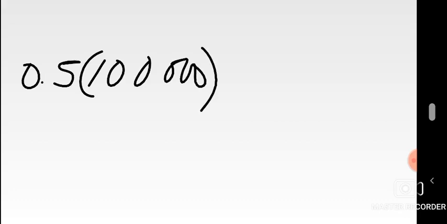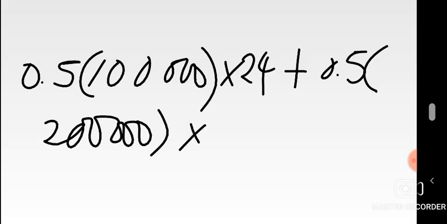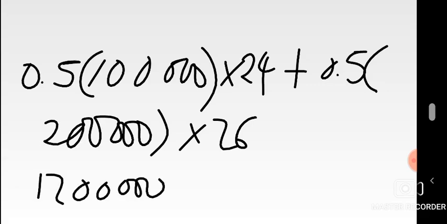100,000. Then of course to get the costs you can apply the 24 plus, in year 3 there was the same 0.5. How many units? 200,000. Then you're multiplying by the costs because you're looking at labor costs here. So you multiply your 0.5 times 100,000 times 24, plus the other side, 0.5 times 200,000 times 26.